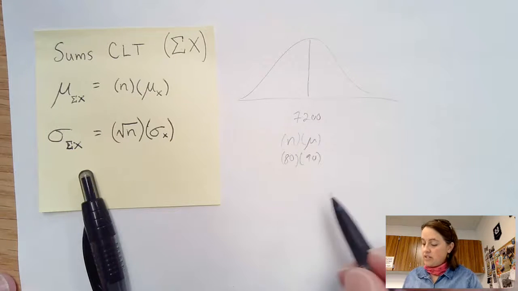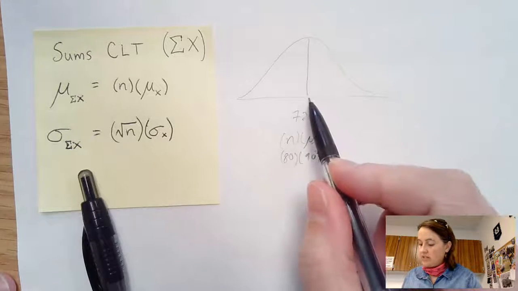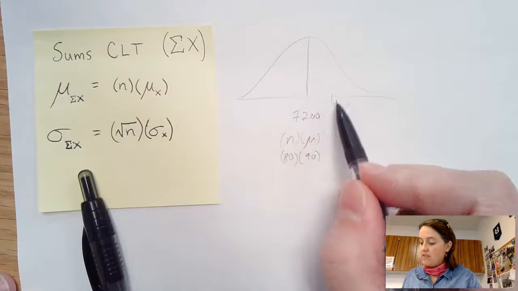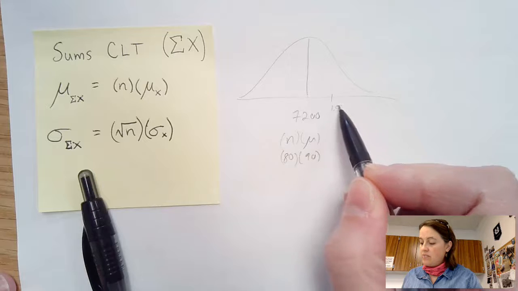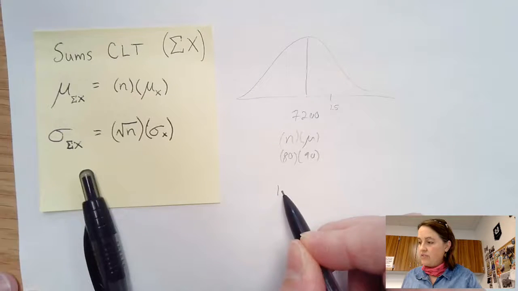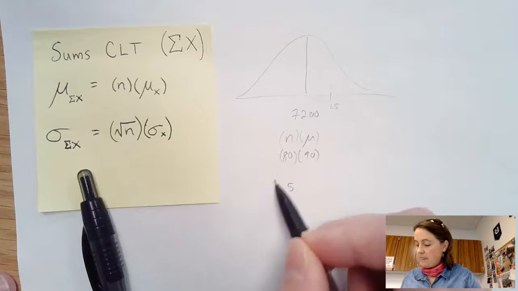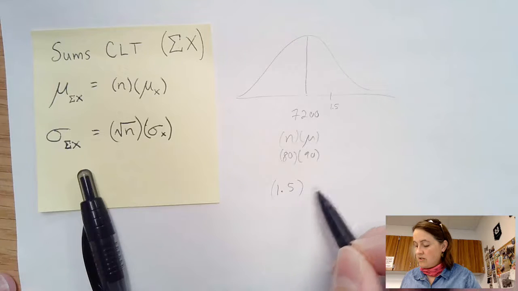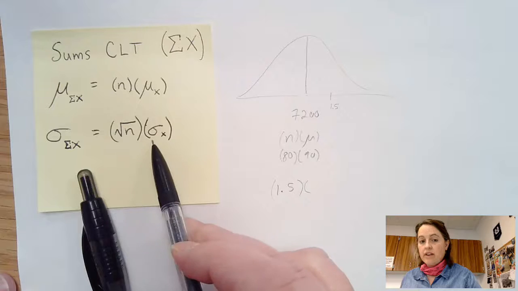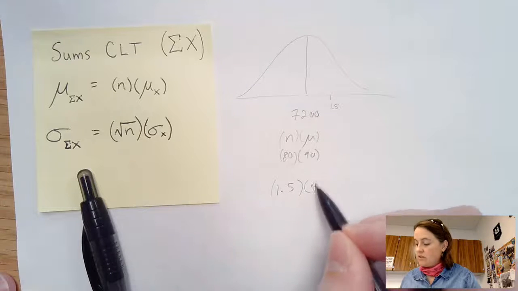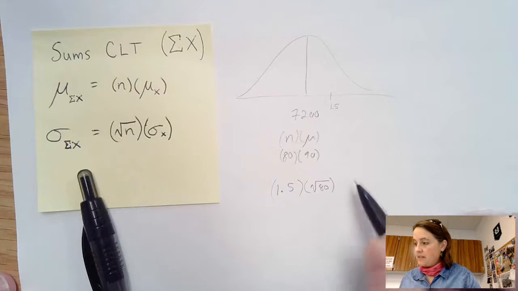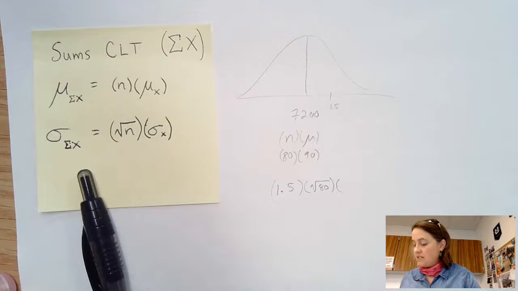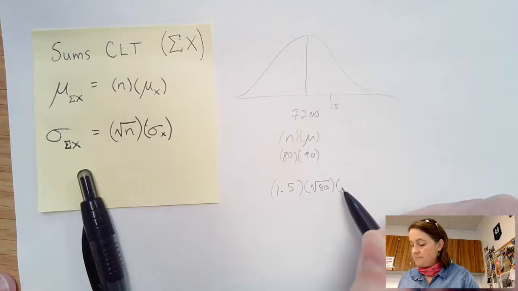above the mean. So we're going to do the mean. We have to start here, and we're going 1.5 above the mean. So we're going to do 1.5 times the standard deviation, which in this case is the square root of n times the standard deviation. So that's the square root of 80 times the standard deviation of 15.